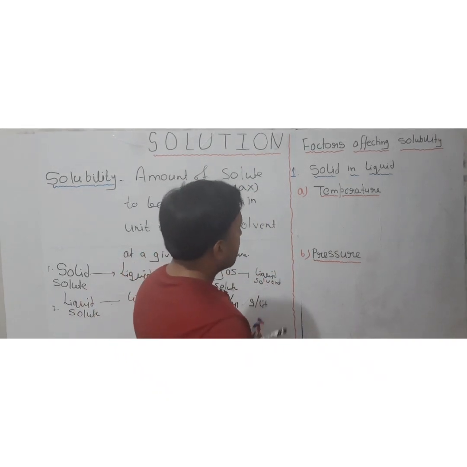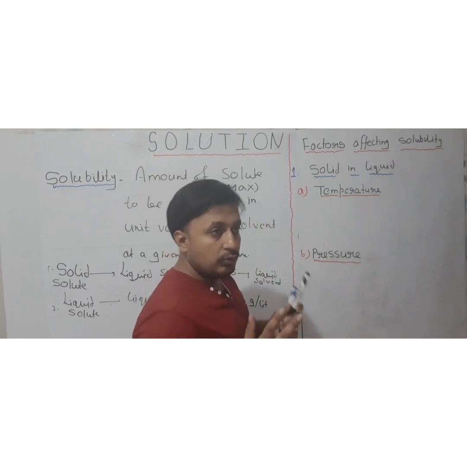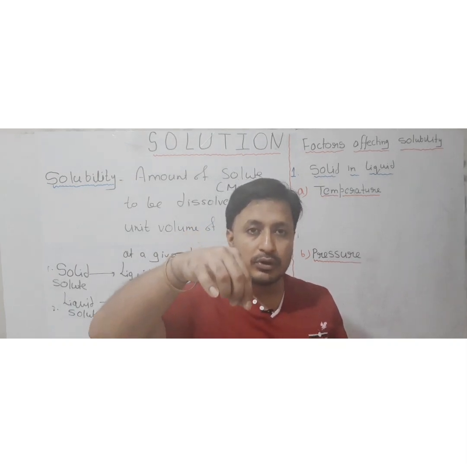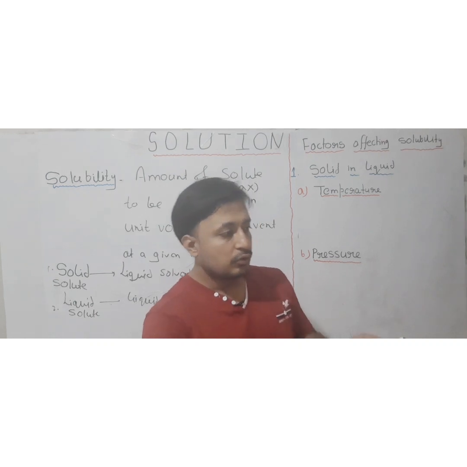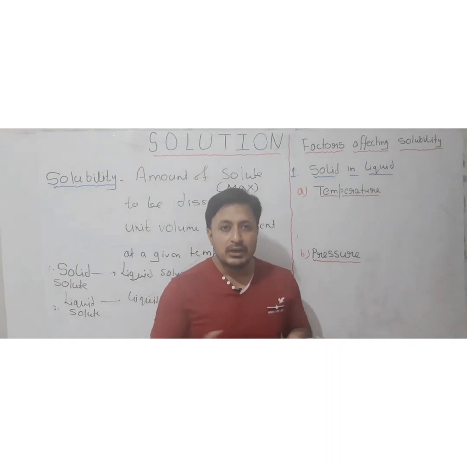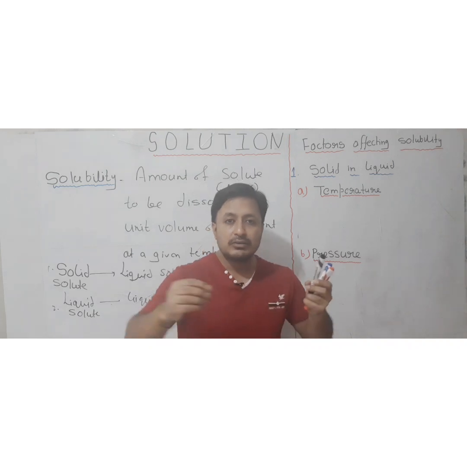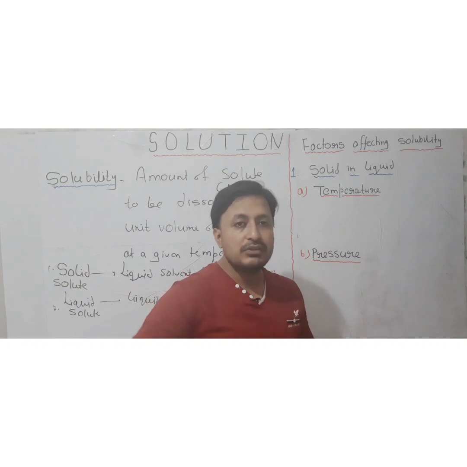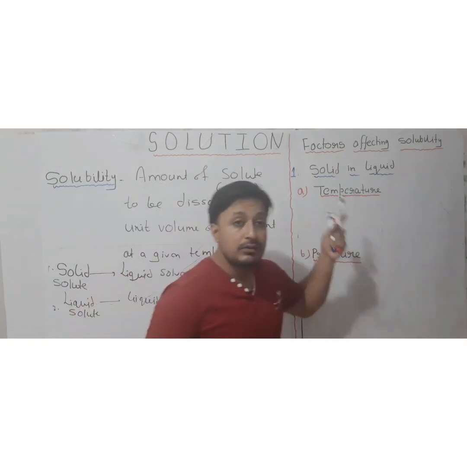Now when we say temperature and when our solute is solid, you know that solid particles are very close to each other, and if you are going to dissolve it in a liquid substance and you are increasing the temperature, the solid particles also gain energy, and when they gain energy the bonds between them will break, or the particles move away from each other, and when they move away from each other they will diffuse easily or be dissolved easily in the given solvent.